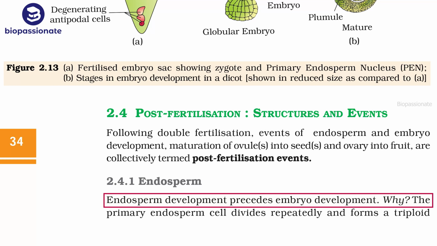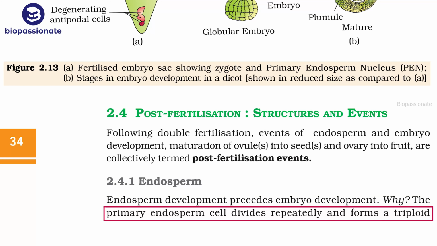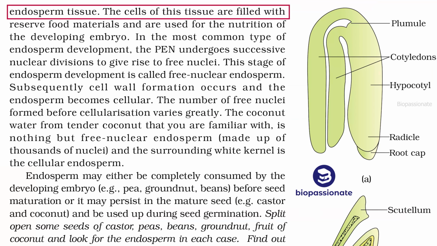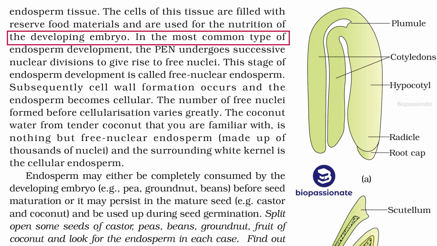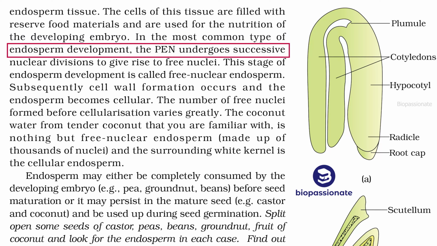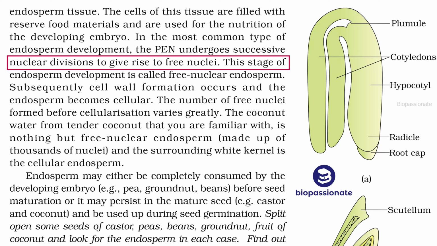Why? The primary endosperm cell divides repeatedly and forms a triploid endosperm tissue. The cells of this tissue are filled with reserved food materials and are used for the nutrition of the developing embryo. In the most common type of endosperm development, the PEN undergoes successive nuclear divisions to give rise to free nuclei.